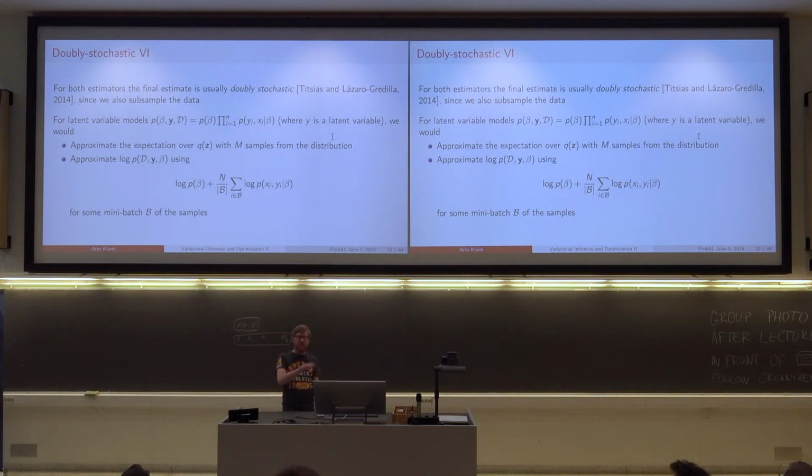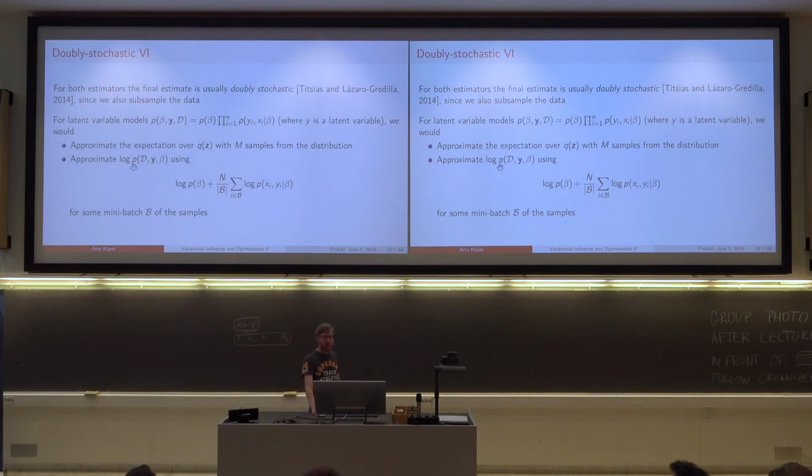I switched from z_i to y_i because I'm using z on these slides for the draws from the standard distribution, but it's the same thing anyway. So what we do is that you approximate the gradient by replacing the expectation over q with samples drawn from the standard distribution and then reparametrized derivatives.